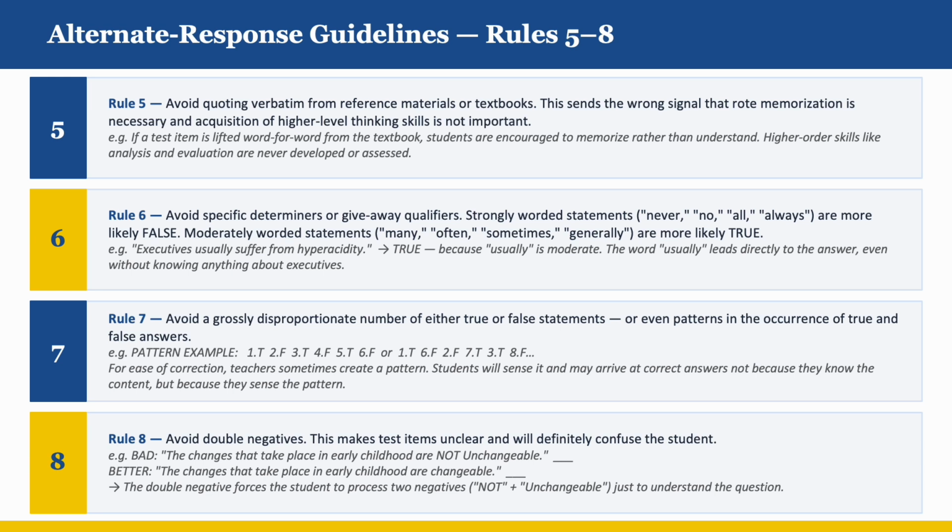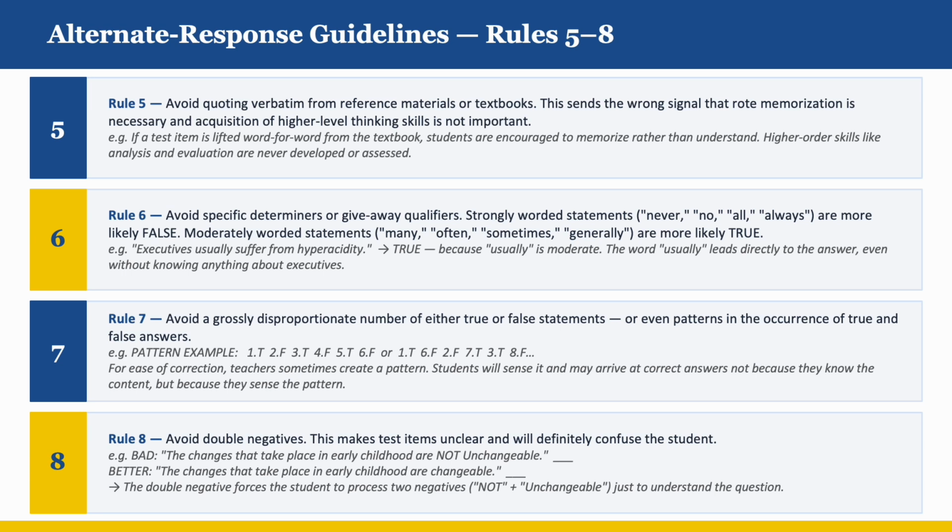But moderately worded statements using words like many, often, sometimes, or generally tend to be true. So look at the example. Executives usually suffer from hyperacidity. The word usually is moderate. So the answer is likely true. A savvy student can guess correctly just from the qualifier. No content knowledge needed.